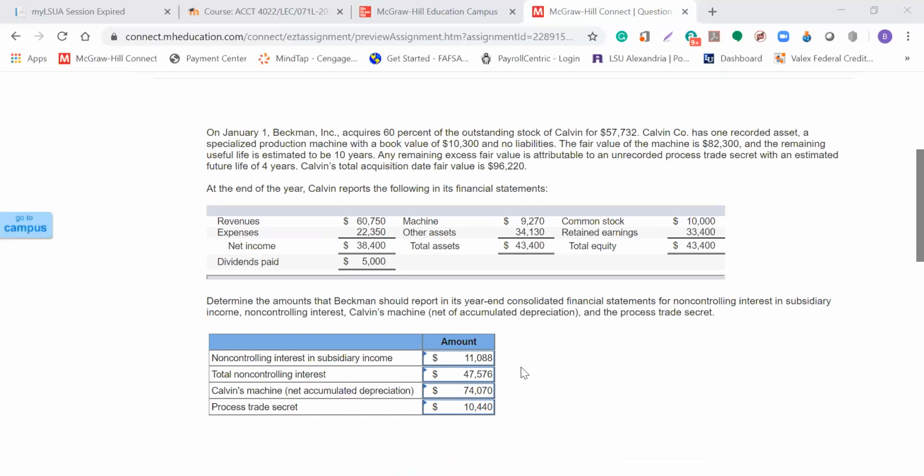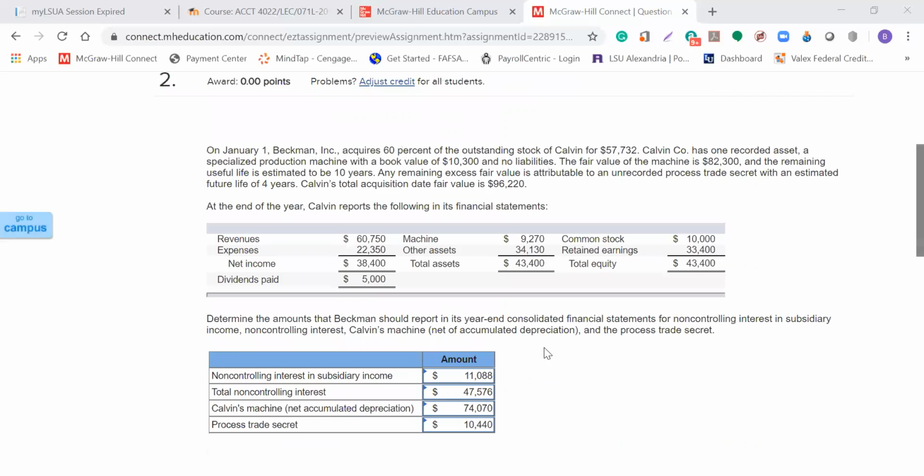So the non-controlling interest in the subsidiary is $11,088. Controlling interest is $47,576. The machine net accumulated depreciation is $74,070. And the process trade secret is $10,440.